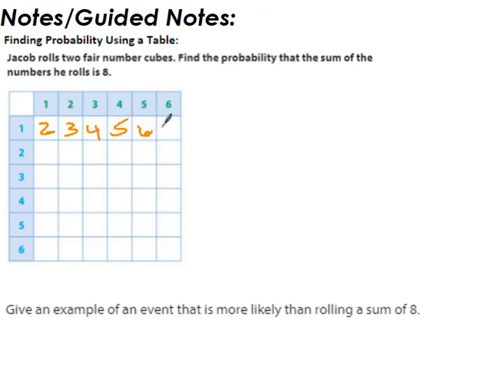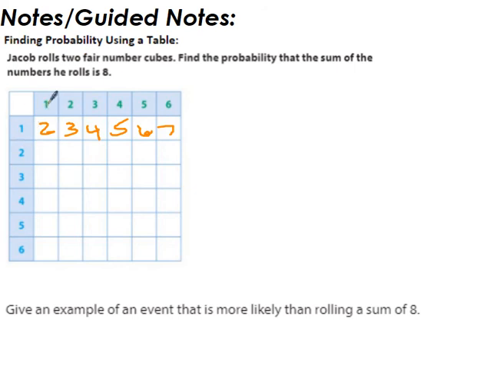And 6 and 1 would make a 7. Because we're rolling 2 dice, we need to figure out all the possible outcomes. This table is giving us a list of all of the possible outcomes we have when rolling 2 dice.